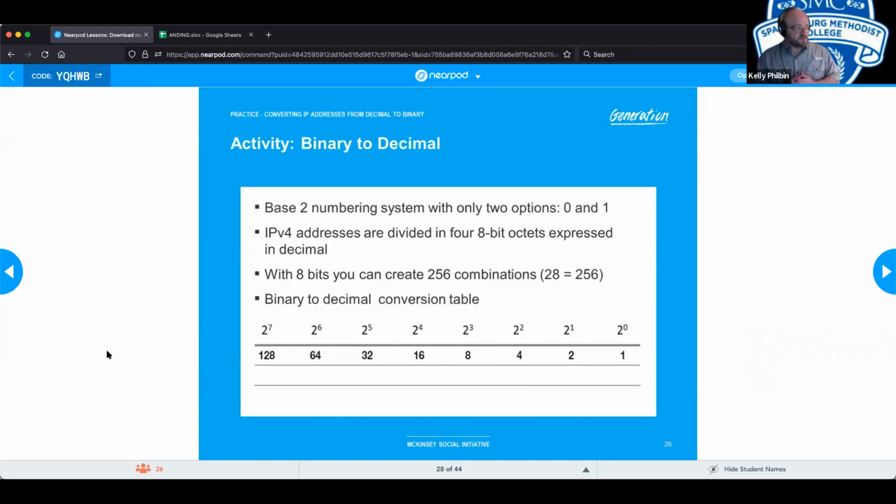This becomes important when we start talking about CIDR subnetting, but it's also important to be able to add up binary to create those numbers. We did that back in Intro to IT Fundamentals, where we did that binary lab where we added up in binary. So this is a good way to review it.